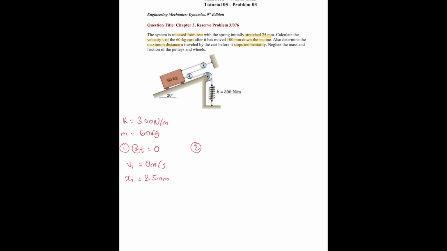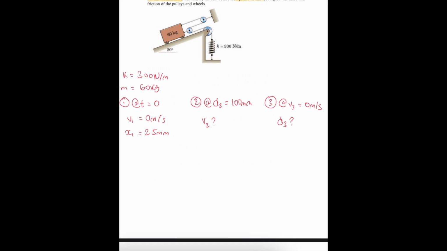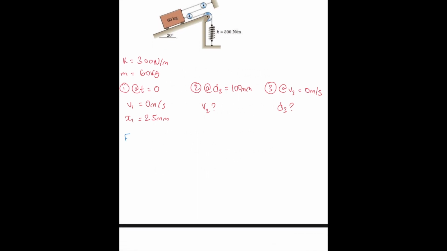And then part 2, at d2 is equal to 100 millimeters when it starts moving down the incline, we want to find out the velocity at that point. And then part 3, at v3 is equal to 0 again when it stops momentarily, we want to find the total distance traveled. So we've got two things to worry about. The first thing we're going to focus on is from step 1 to step 2.